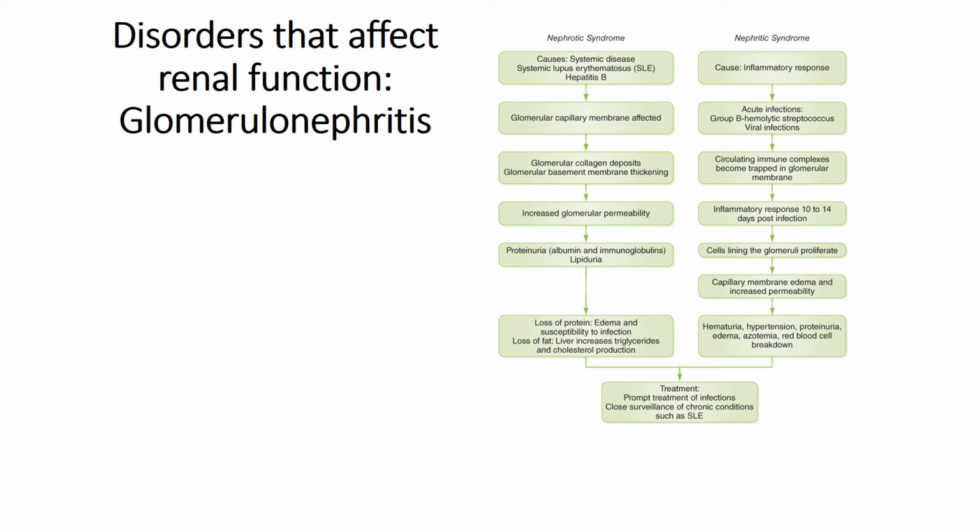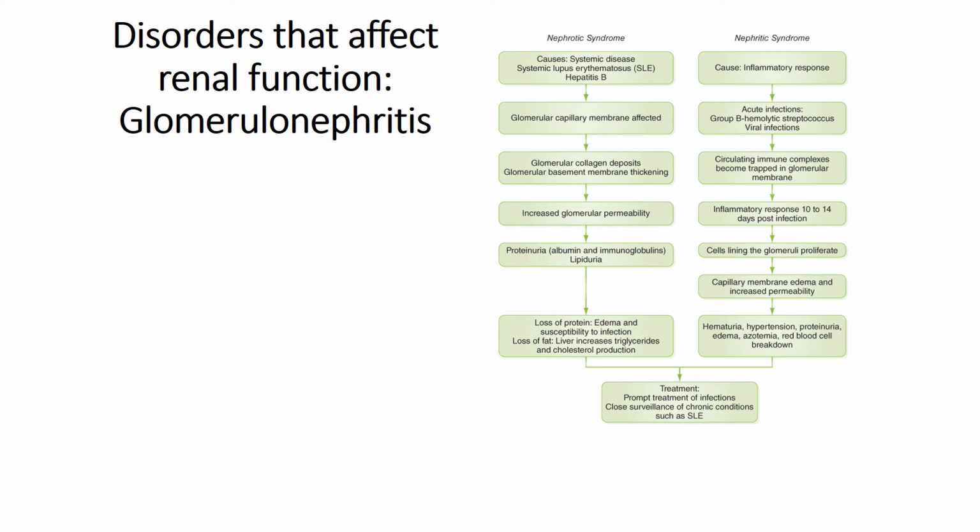So we would expect for loss of protein for edema to follow suit, because now the colloidal osmotic pressure is decreasing, and now reabsorption and capillary exchange is decreasing as well, resulting in a buildup of fluid inside the interstitial space. Okay. We see that the loss of fat is also a cause of concern here. The liver increases production of triglycerides and cholesterol production, partially due to the proteinuria.